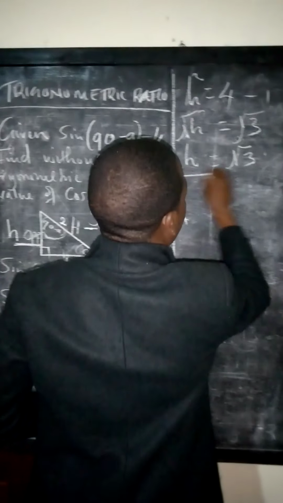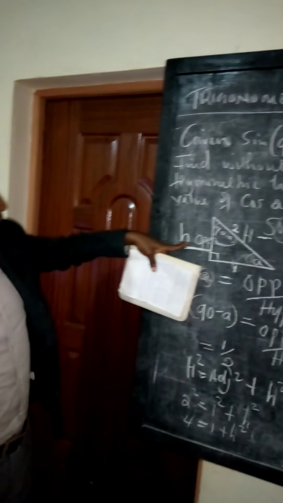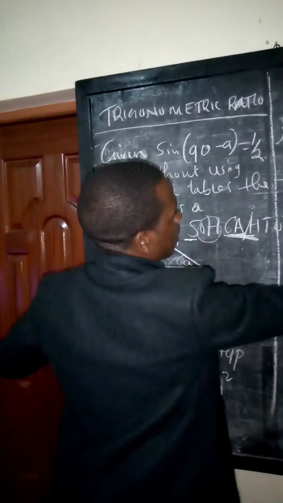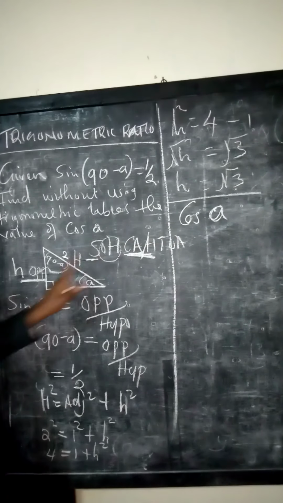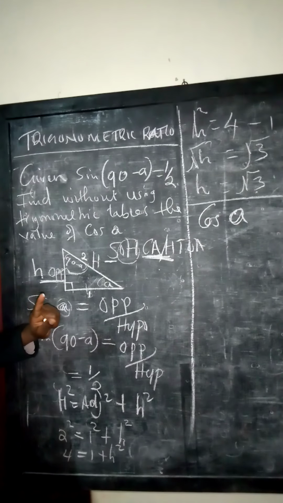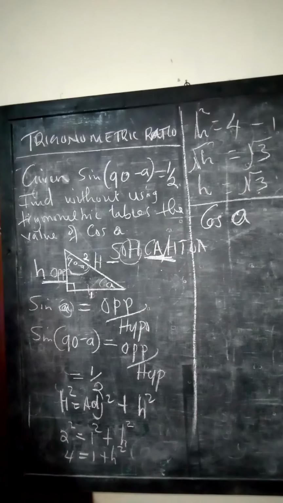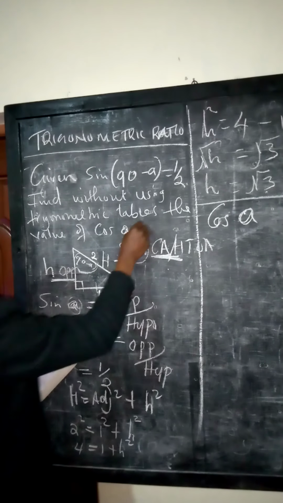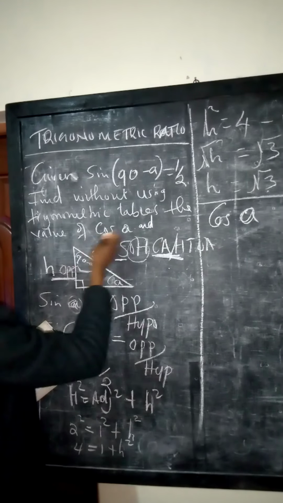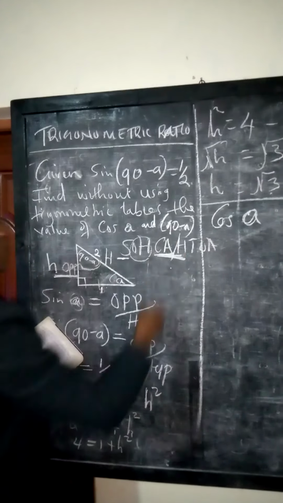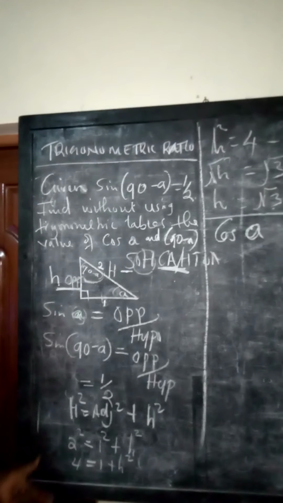Therefore, adding this height here, we can be able to find cos A, because cos A, remember this is our A, is equal to adjacent over hypotenuse. We can find both cos A and cos(90 minus A) so that we can tackle both of them.